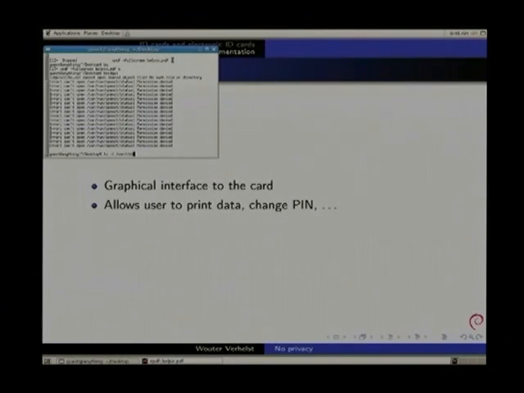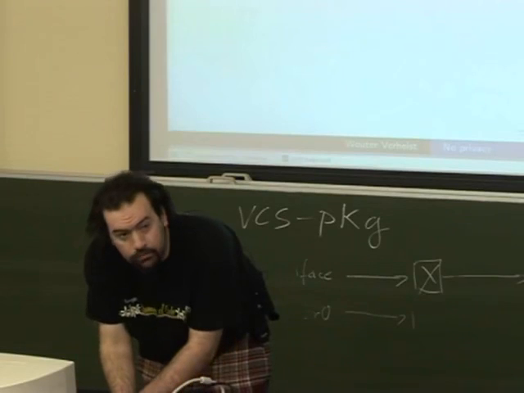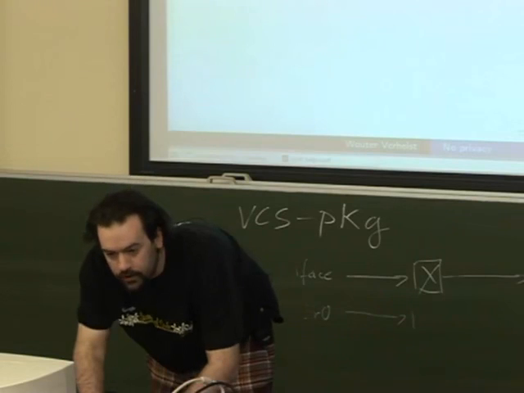I hadn't tested that. No, that will not work. I'll show you in a minute why. Well, I should be in the group scard to be able to read smart cards on Linux, but that requires me to log off and on again. I'm not going to do that right now.